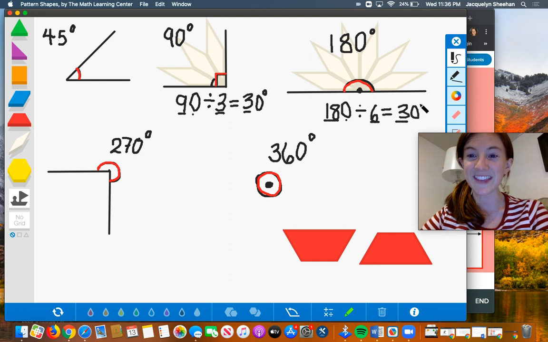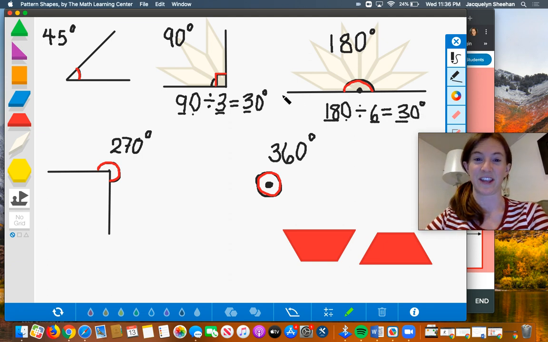You can see that I still get 30 degrees. So no matter which benchmark angle I use, I can still see that that tiny angle on the beige diamond block is 30 degrees. Okay, let's try one more example.